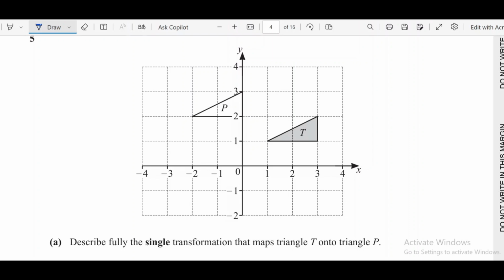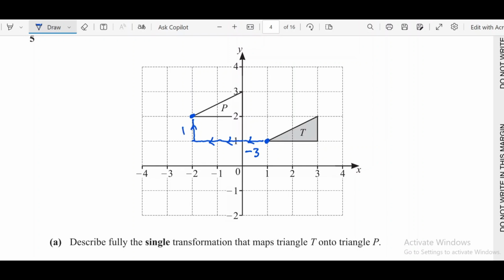The original triangle has been moved forward and up. So let's take this part that corresponds. This is moved 1, 2, 3. Since it's going back, it's negative 3 steps, then move up once.